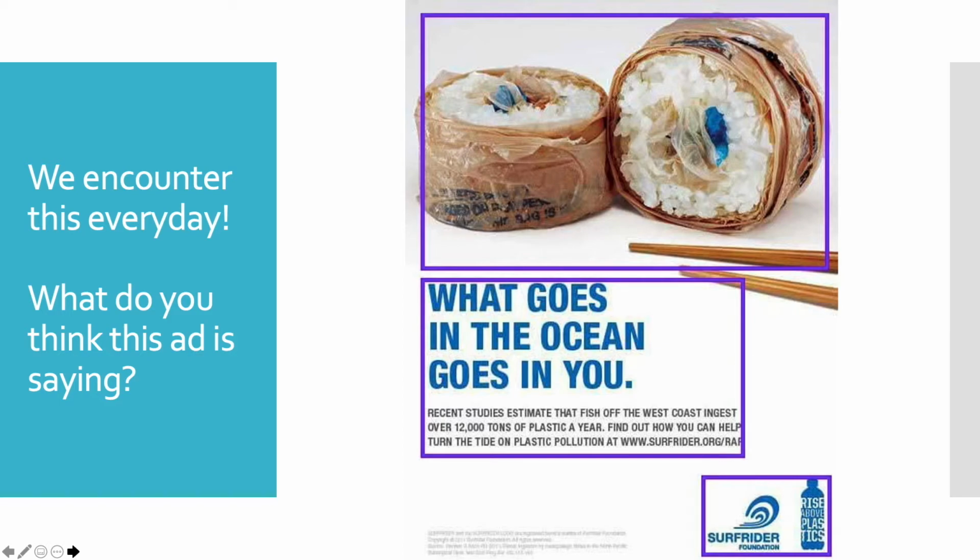And then we see a slogan, what goes in the ocean goes in you. So when we think about what this is saying, it's an ad for us to stop polluting the oceans. Simple as that. Now, how does it do that? Because as we look at it, it's appealing to different things within us as the audience. Let's break that down a little bit.